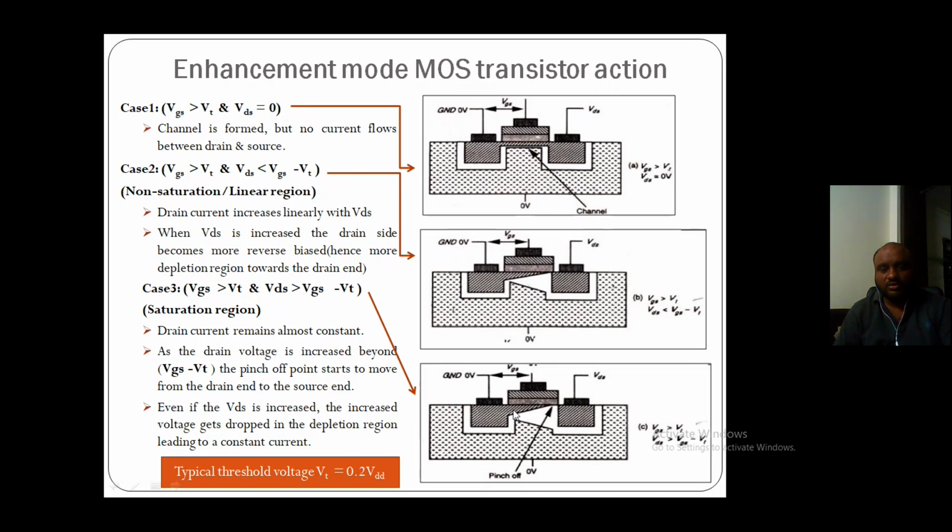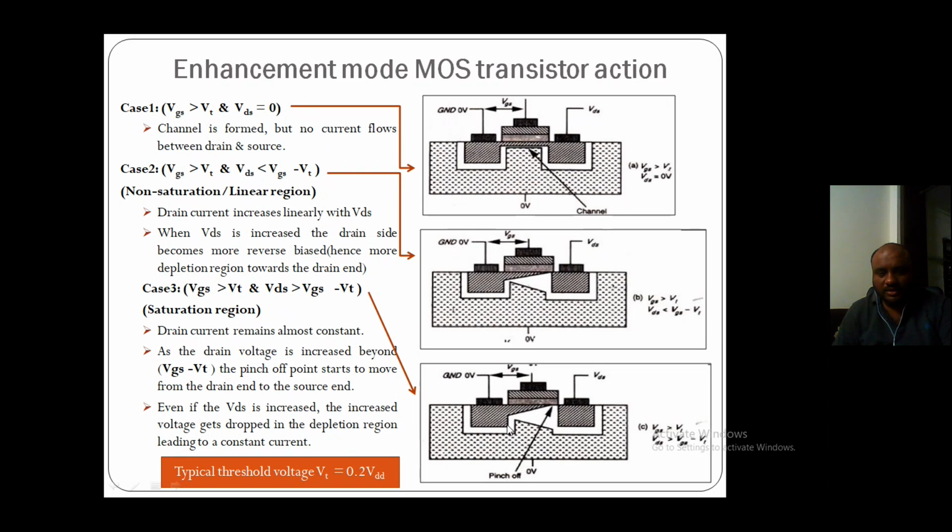Why it remains almost constant: as the drain voltage is increased beyond VGS minus VT, this side the voltage is increased more than this one. The pinch off point starts to move as the depletion region is increasing. So this point starts to move from the drain end towards the source end.